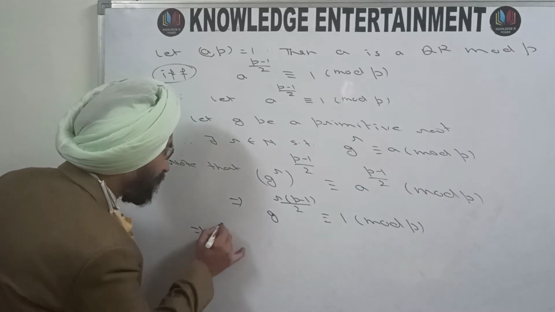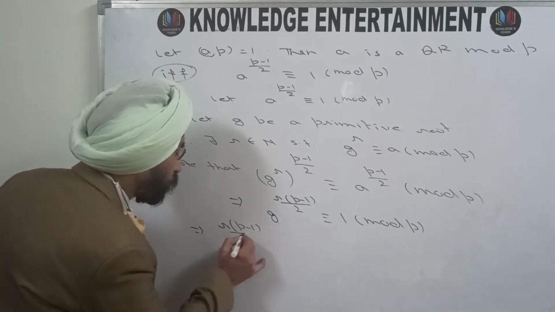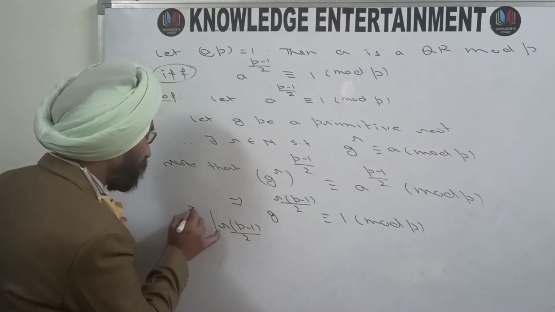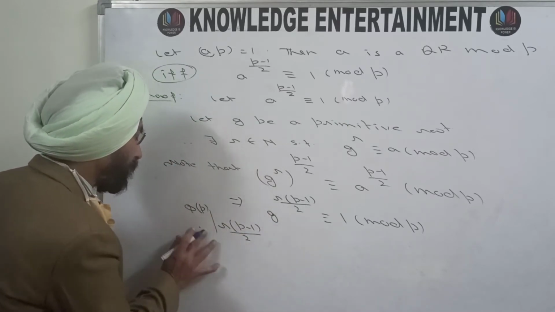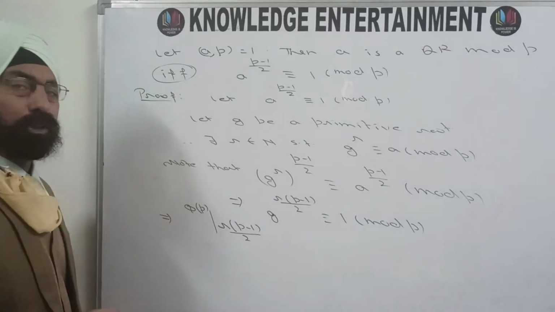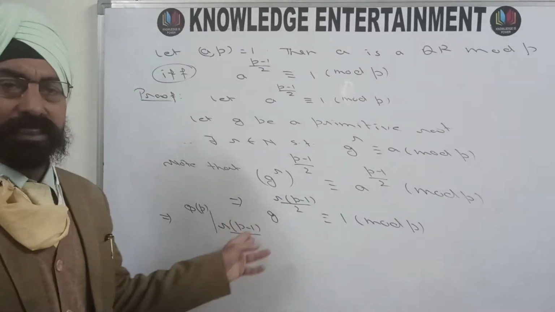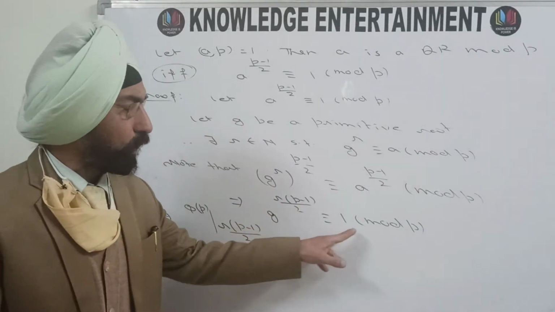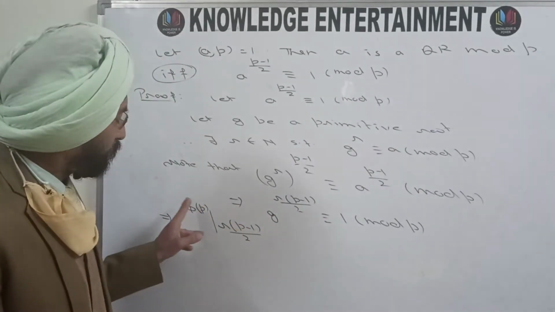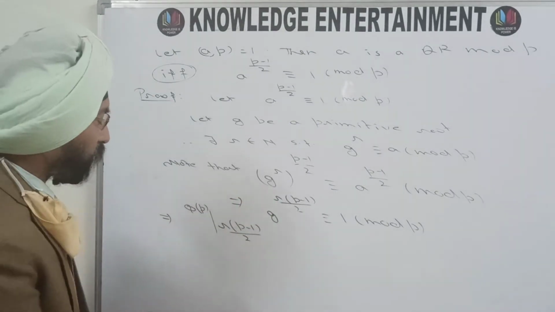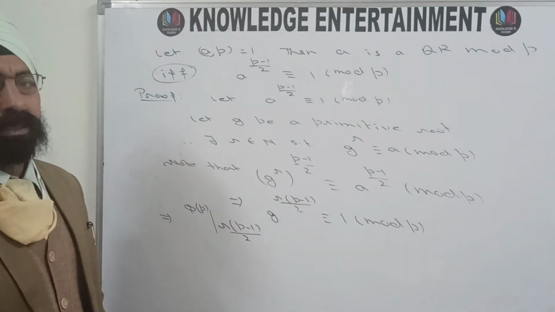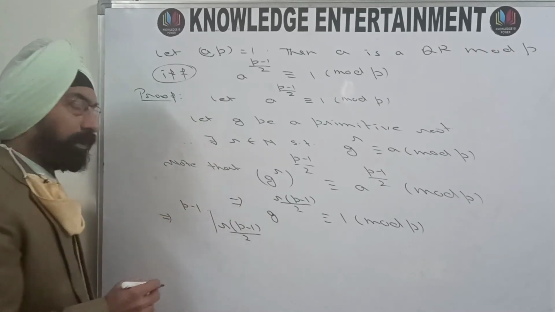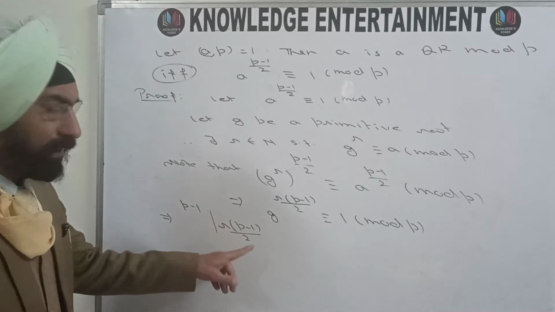So r times (p minus 1) by 2 is divisible by phi p, because phi p is the smallest positive power which satisfies g raised to the power phi p congruent to 1, and now g's power is coming to be congruent to 1 modulo p, so phi p must divide this number. And what is phi p? Once again, p is a prime number, so phi p is p minus 1. So p minus 1 divides this number.